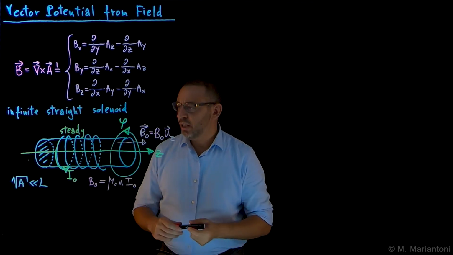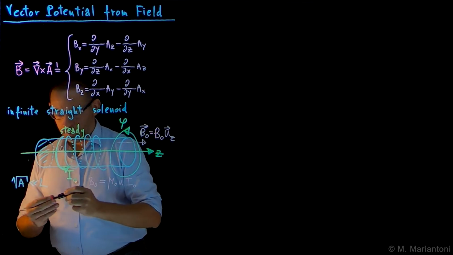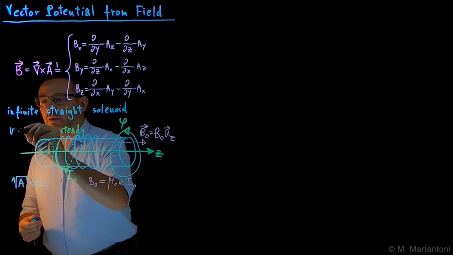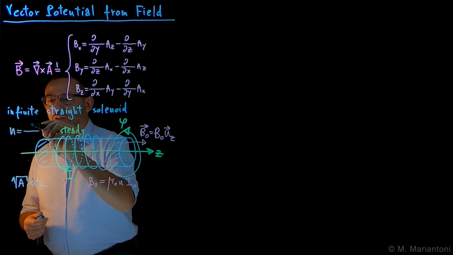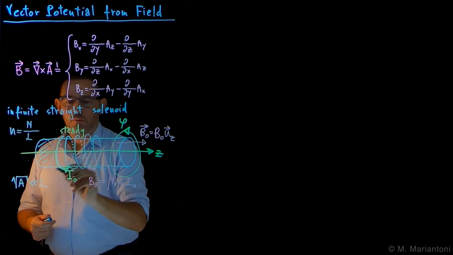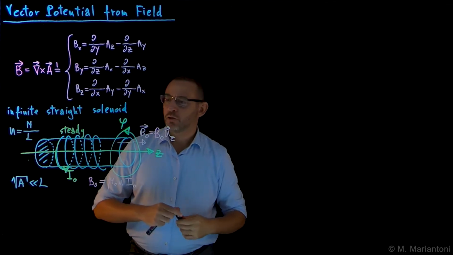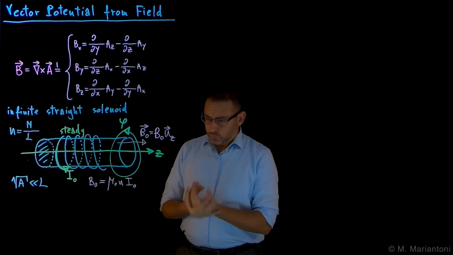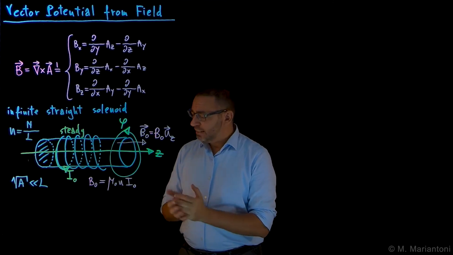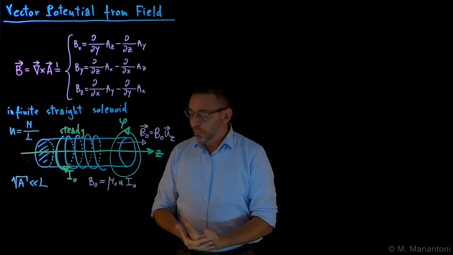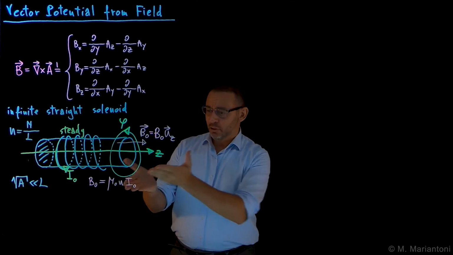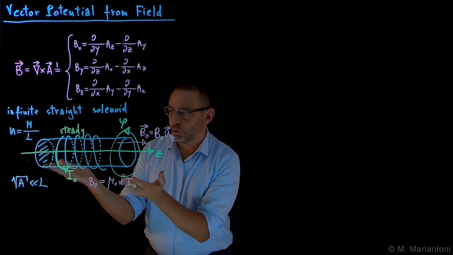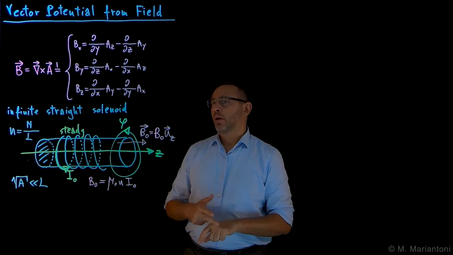So in this case, small n is nothing but the overall number of turns of coil divided by the length, which again is the length of this solenoid, which I didn't sketch here, but it's just this length. All right, so now that we know all of that, we are in the approximation of an infinite straight solenoid, so the field is uniform, does not depend on radius or anything, it's mu naught n, which is a constant, times I naught.